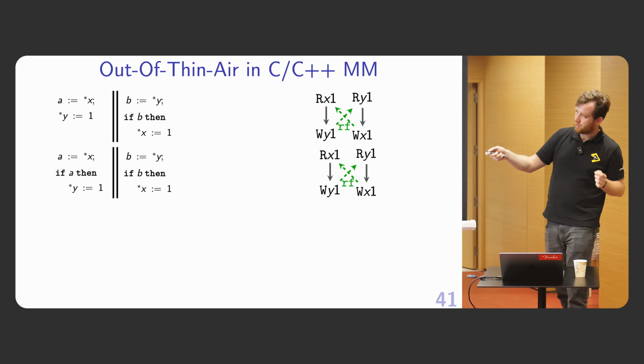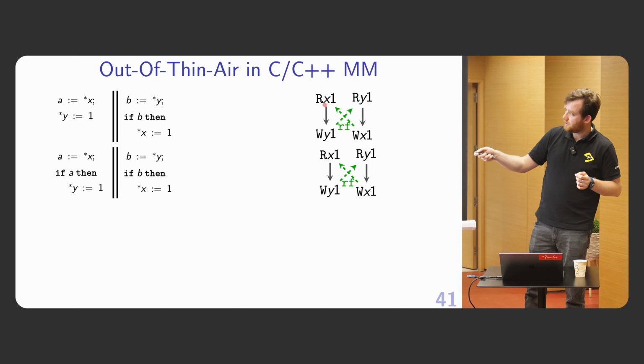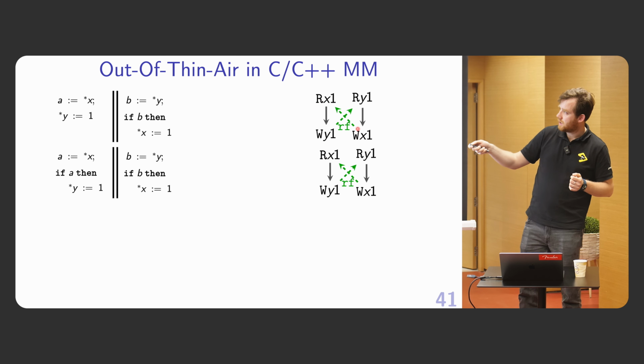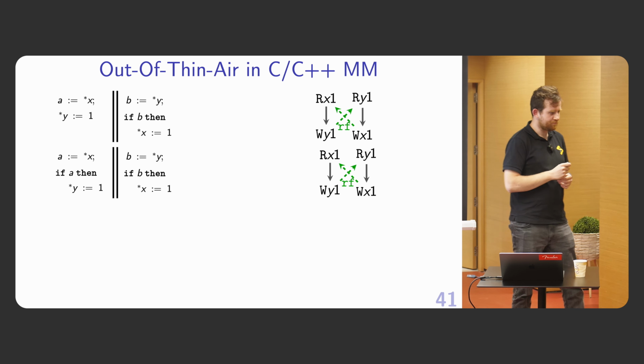For both of these programs, we could write the same execution graph, with read accesses to x and y, write accesses to y and x, and with a cycle in PO and RF relations, right?